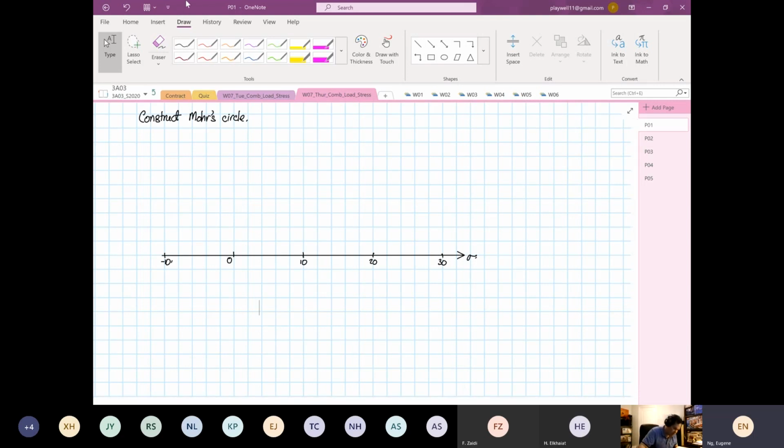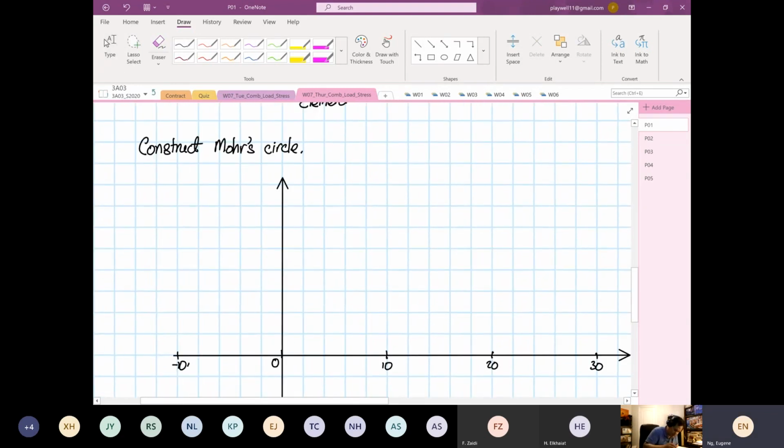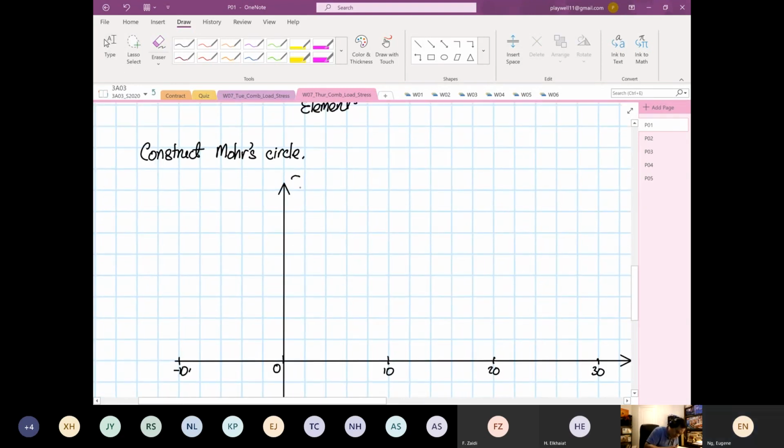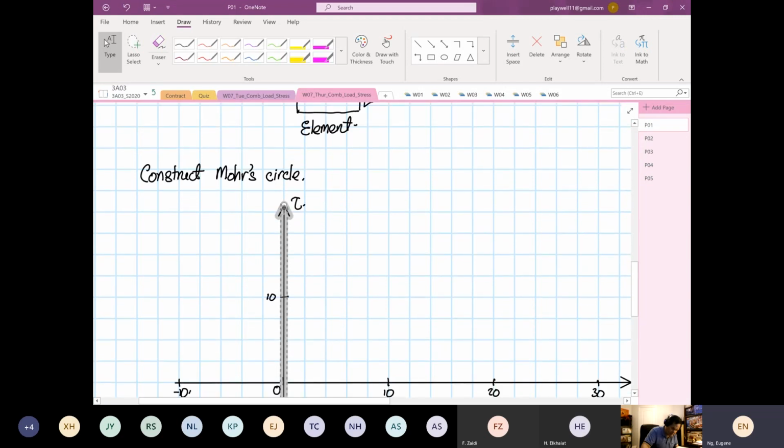On your y-axis is your shearing stress. The scale used for your normal stress and the shearing stress has to be the same. I repeat again, the scale that we use for our normal stress and shearing stress has to be the same. If you use differently, you will not get a circle. You get an oval, so it's no more Mohr circle. It's known as Mohr oval.